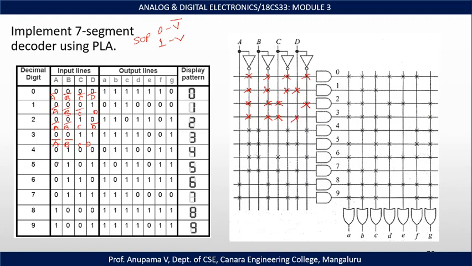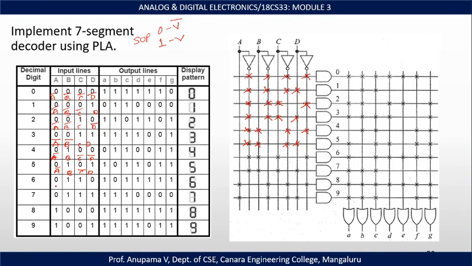The next entry in the truth table is 0100, which is equivalent to A bar, B, C bar, D bar. So I draw X mark against A bar, B, C bar, D bar. Next entry in the truth table is 0101, which is equivalent to A bar, B, C bar, D, which is implemented by the next line in PLA, that is A bar, B, C bar, D entries are having X mark.